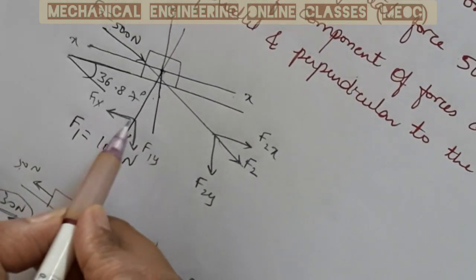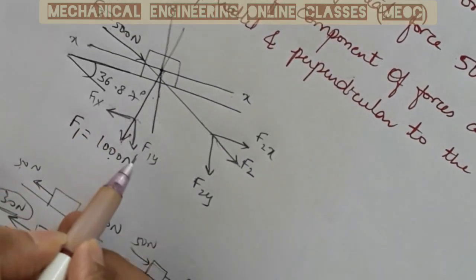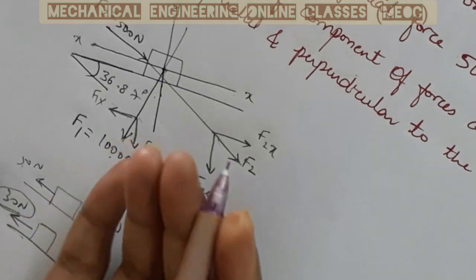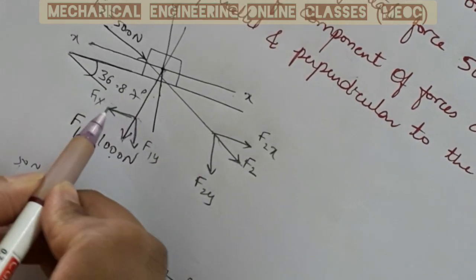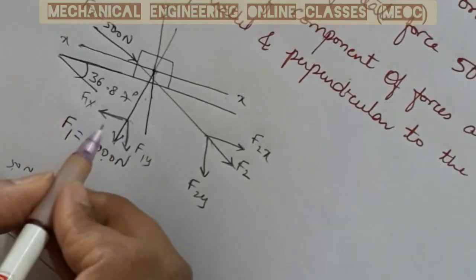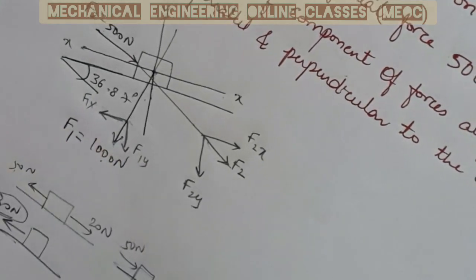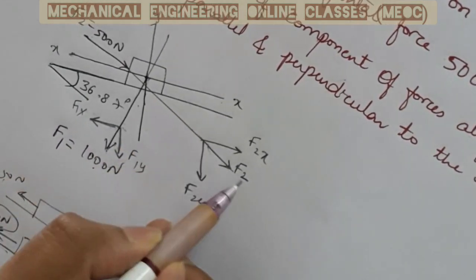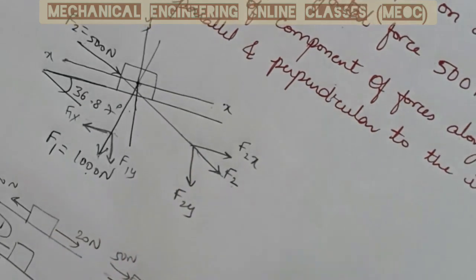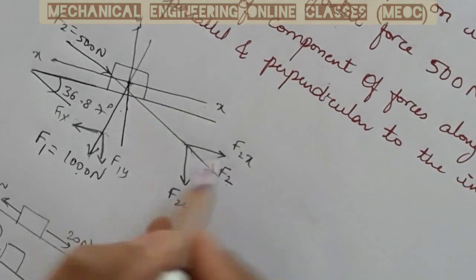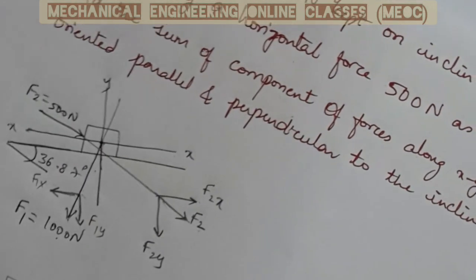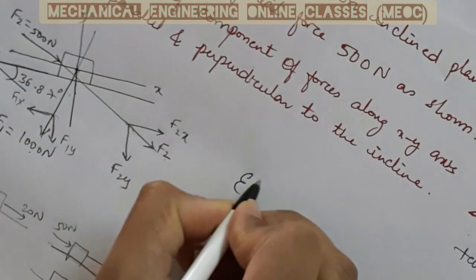So here, F1 is split into x and y components. Because F1 is left-down, the x component is leftward and the y component is downward. So F1x is leftward. Because F2 is right-downward, its x component is rightward. So what is sigma Fx?